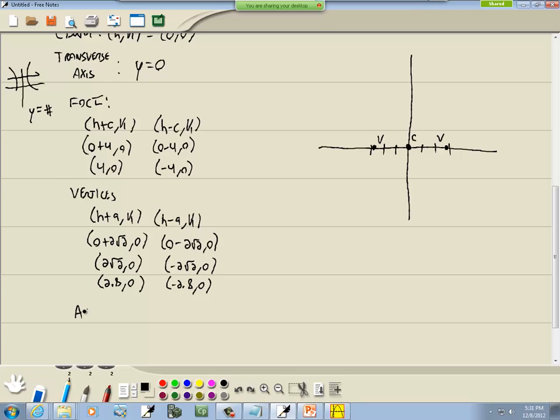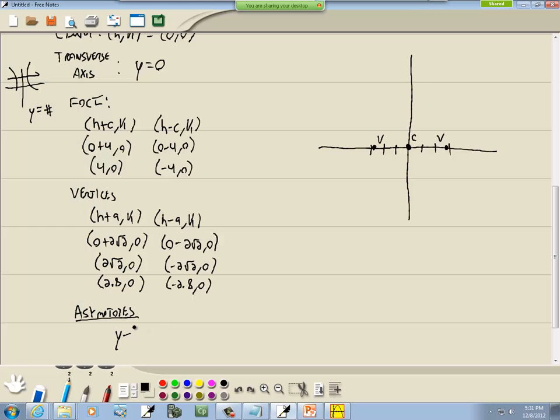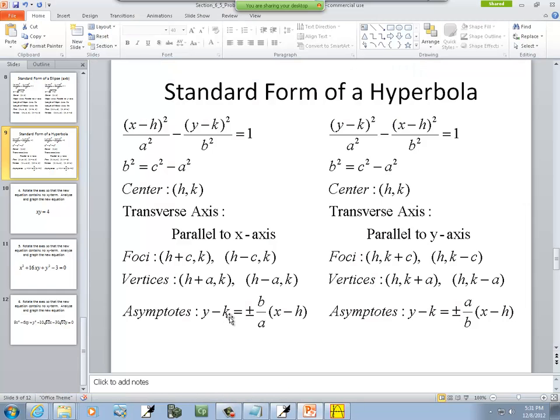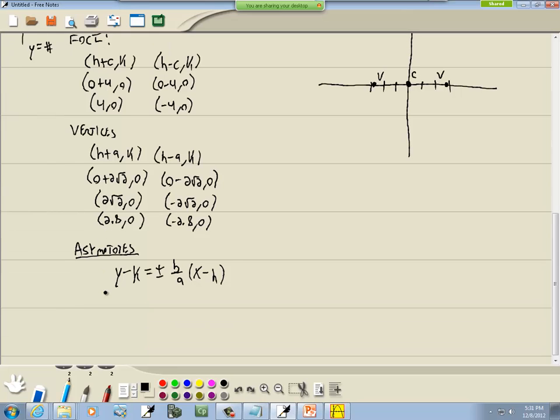Okay, our asymptotes. And we got y minus k is equal to plus or minus b over a times x minus h. Okay, so we got y minus 0 equals plus or minus b.